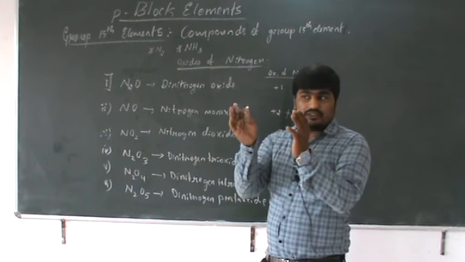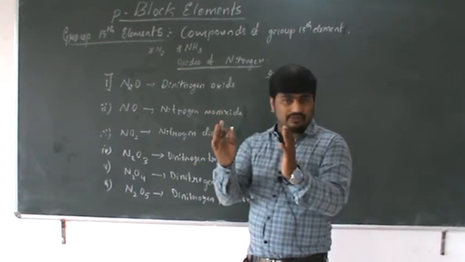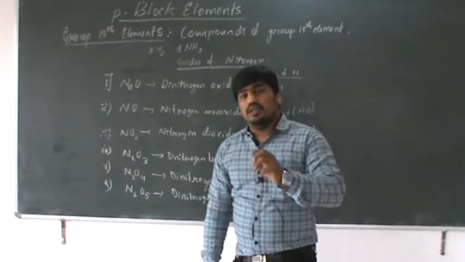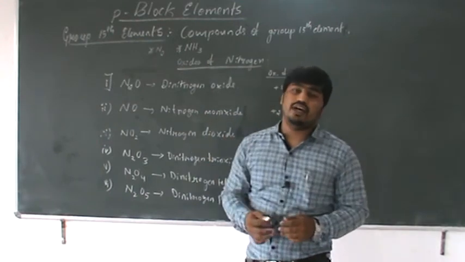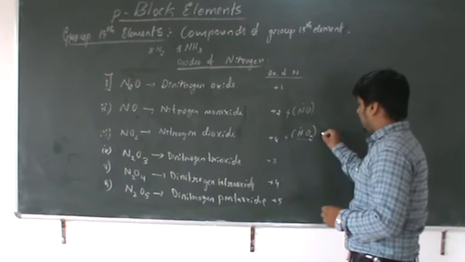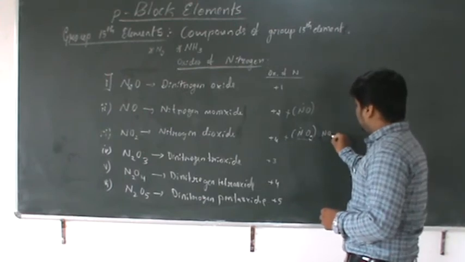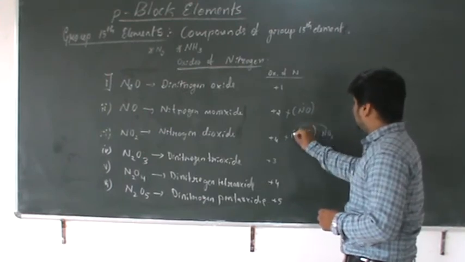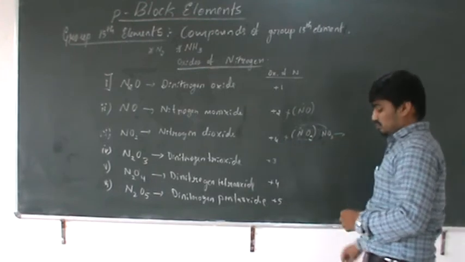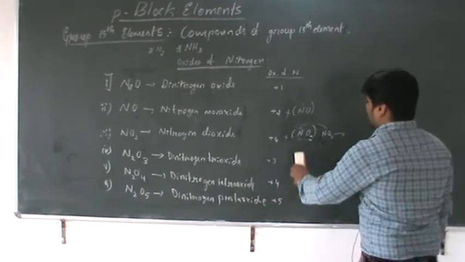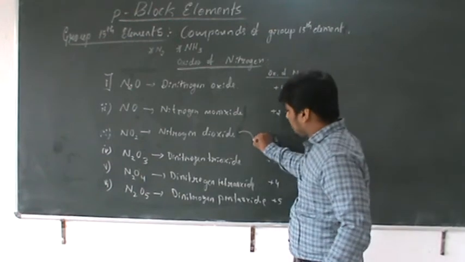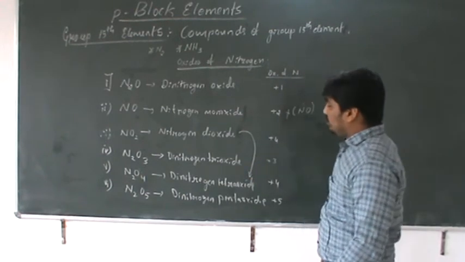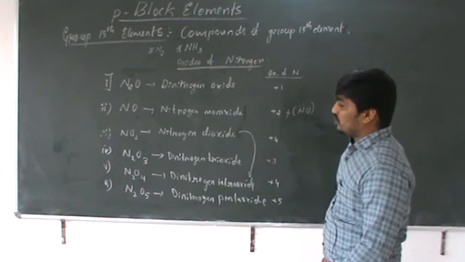In the presence of excess nitrogen dioxide, one molecule of nitrogen dioxide combines with another nitrogen dioxide, getting stability, and it is converted into dinitrogen tetroxide.